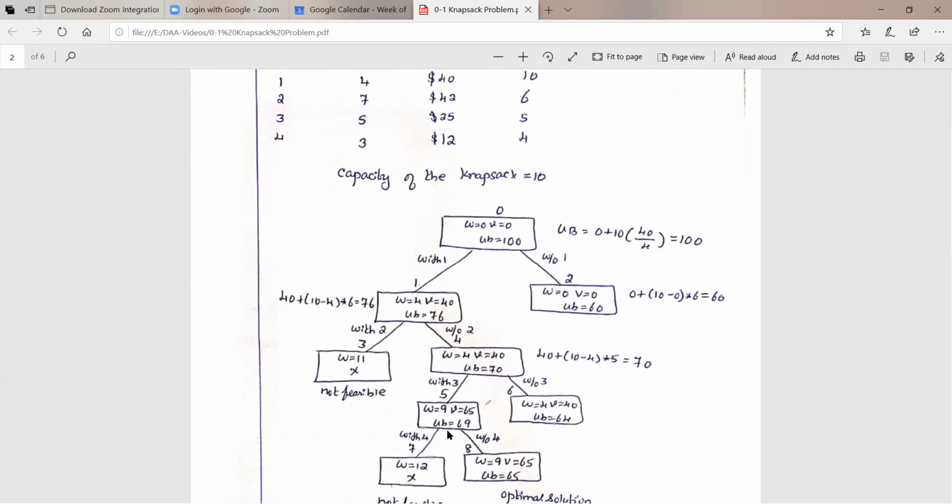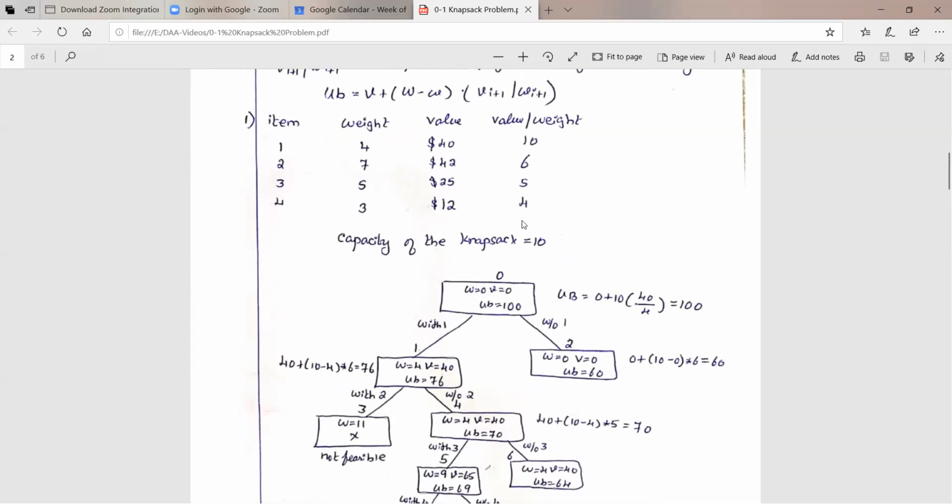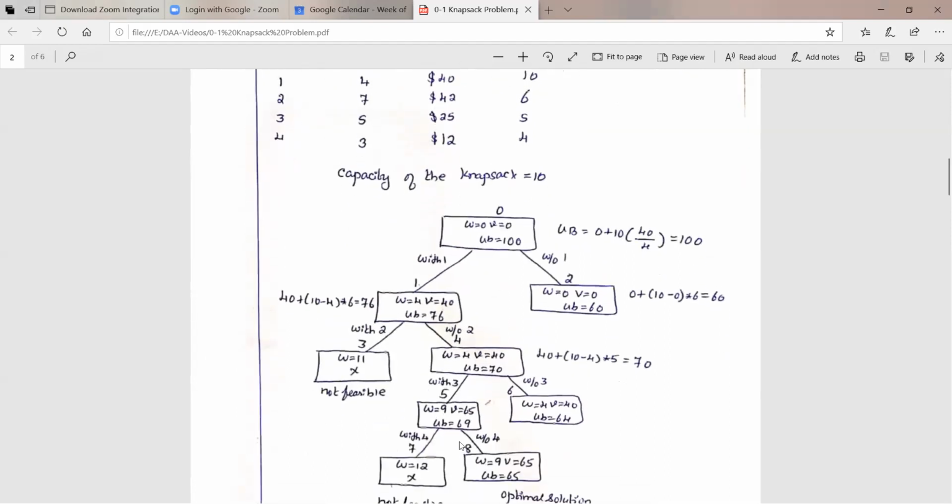Now the upper bound is equal to 65 plus 10 minus 9. 10 minus 9 is 1, into vi plus 1, which is 4. Already we have 65, plus 1 into 4, which is 69. So the upper bound value will be 69.